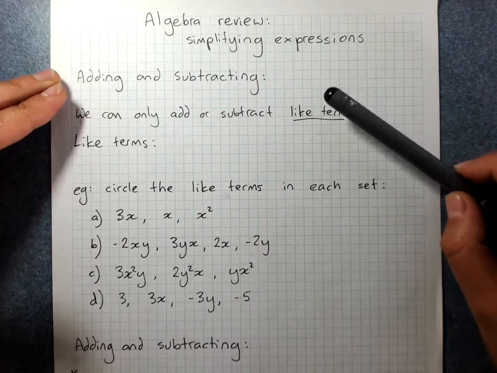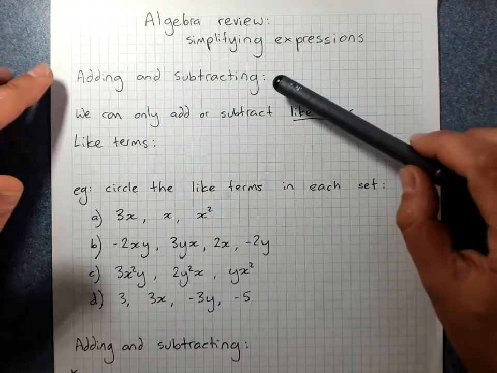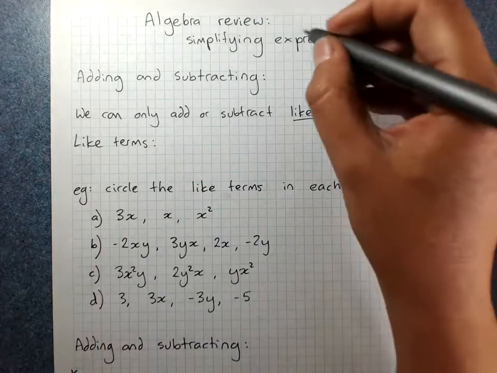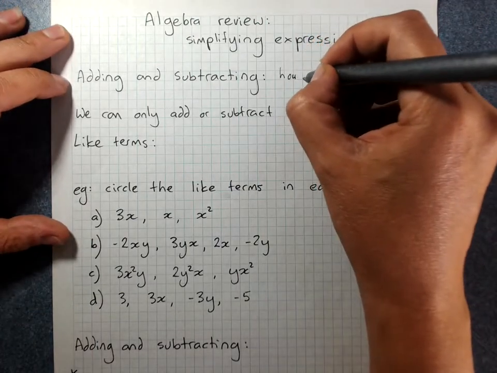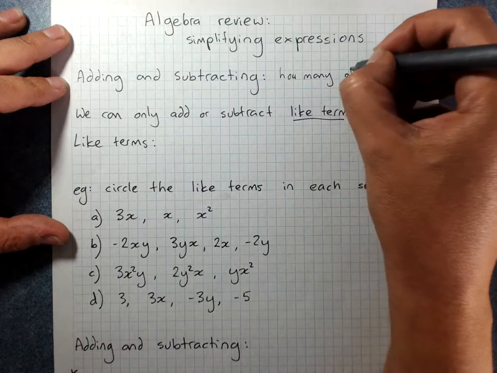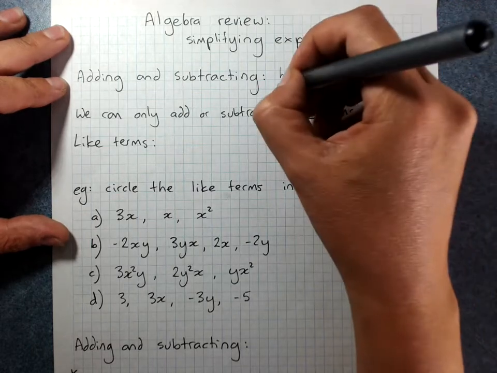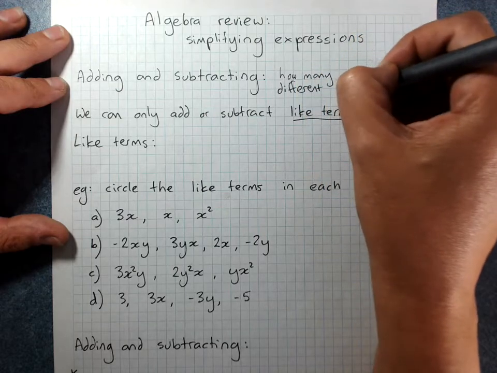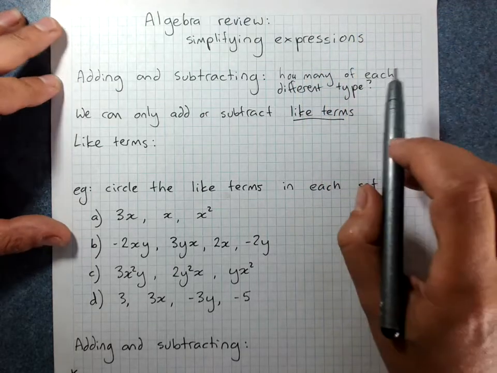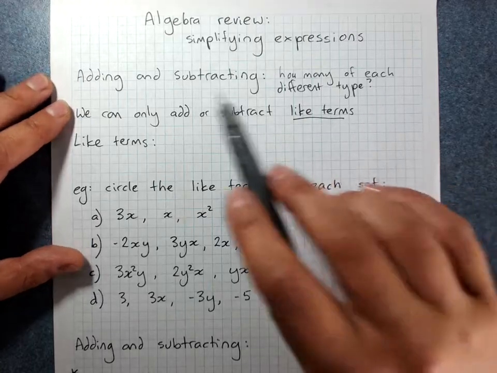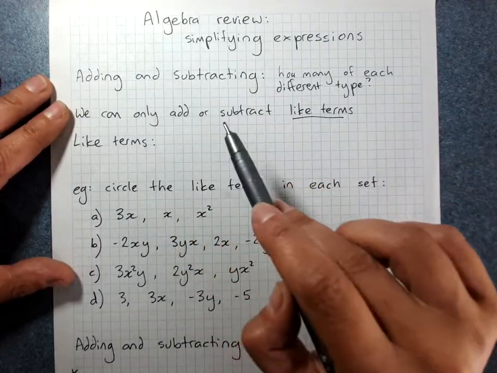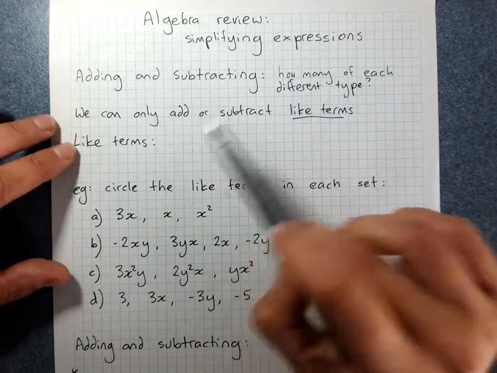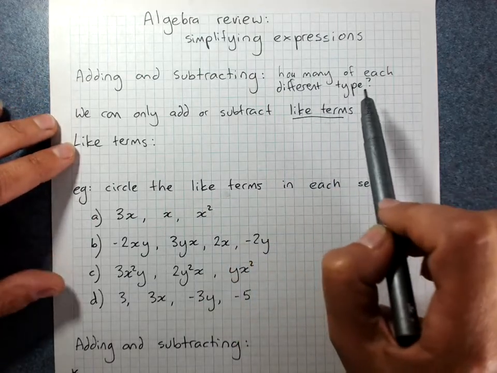Adding and subtracting, really, we're just counting how many of each type of thing we have. How many of each different type? We know the rule, we can only add or subtract like terms. And that's what I mean by different types.